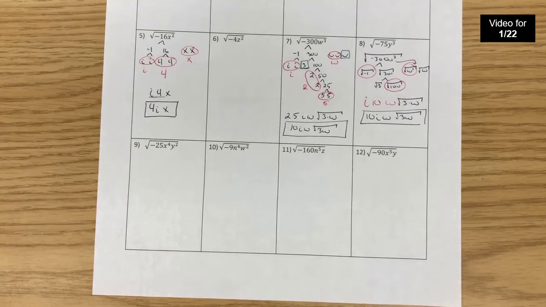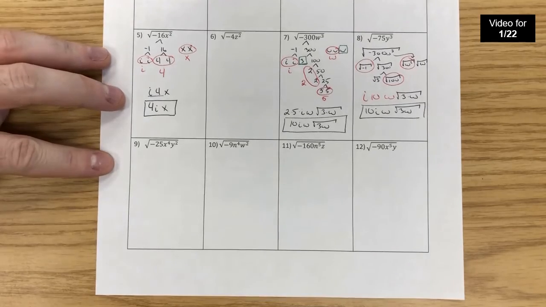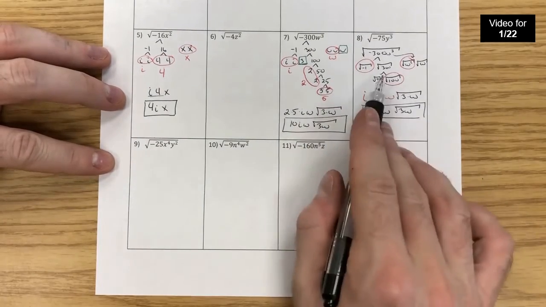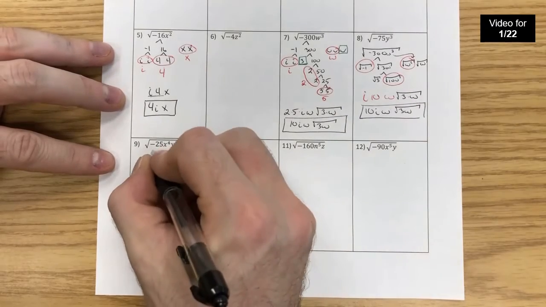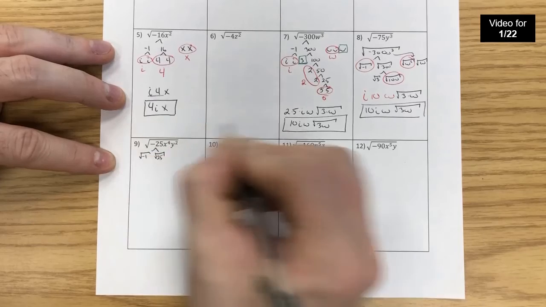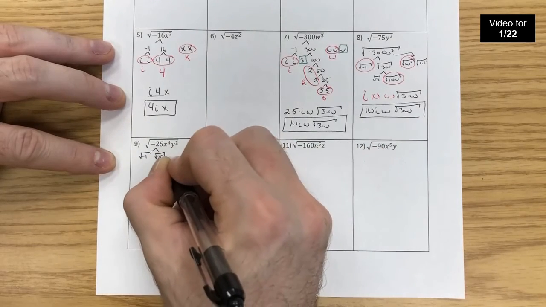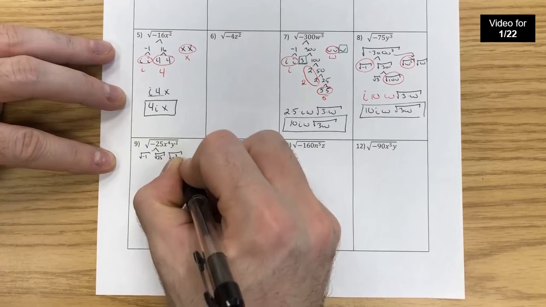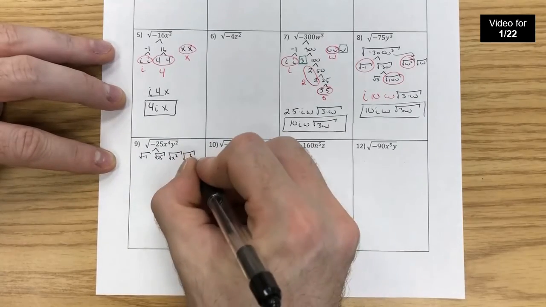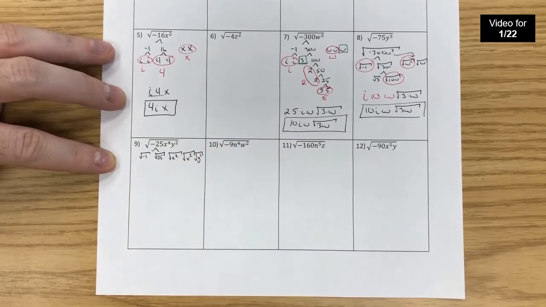Okay, let's see how we did. So the first way I'm going to show using the traditional method. I'm going to say right here I have the square root of negative 1 and the square root of 25. Right here I have the square root of x squared because squared and squared will make x to the 4th, and the square root of y squared.